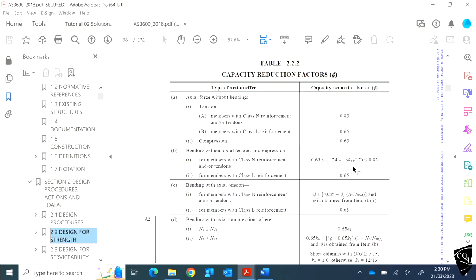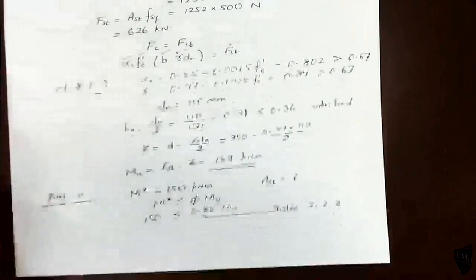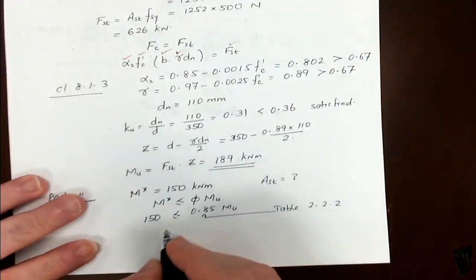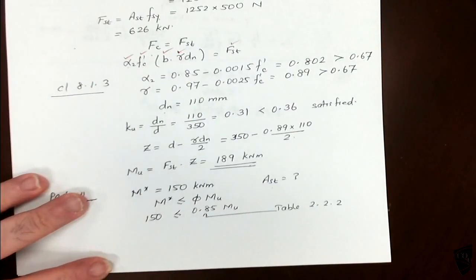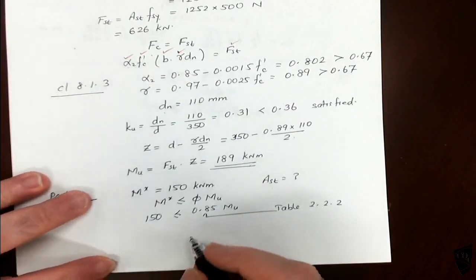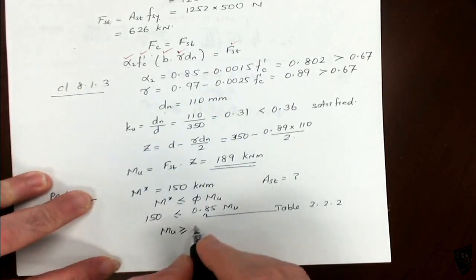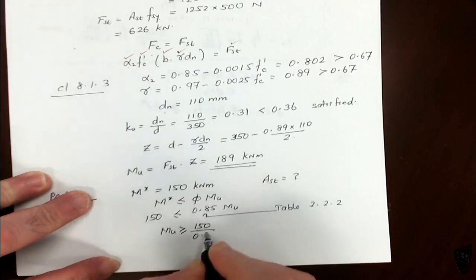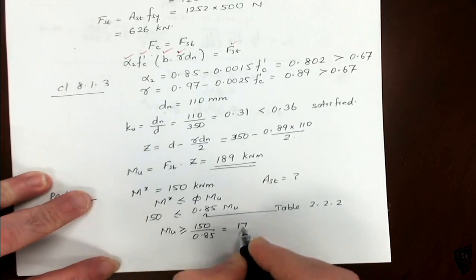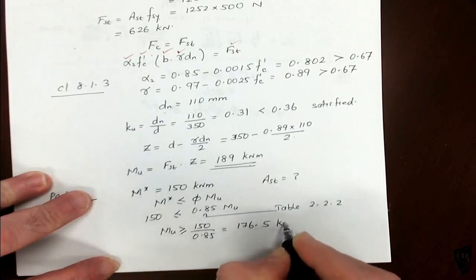But if you use any k value that is equal to 0.36 or less, then you will get 0.85 as an answer. So from here you should be able to get the Mu value. Mu should be 150 divided by 0.85, so 176.5 kilonewton meter.